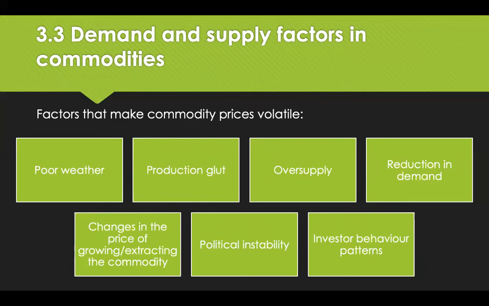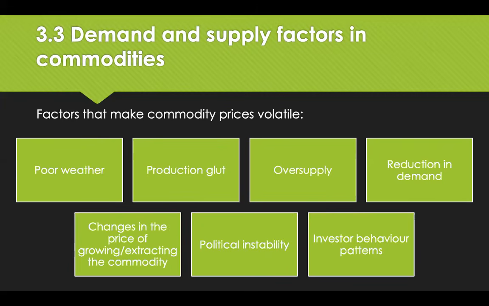Production glut, immediate or future supply exceeding demand. If there's an unexpected good crop of soybeans, or if soybeans suddenly attract a higher price than cotton, more soybeans will be grown, then there will be oversupply. Oversupply is where the current supply and retained inventory exceeds demand.